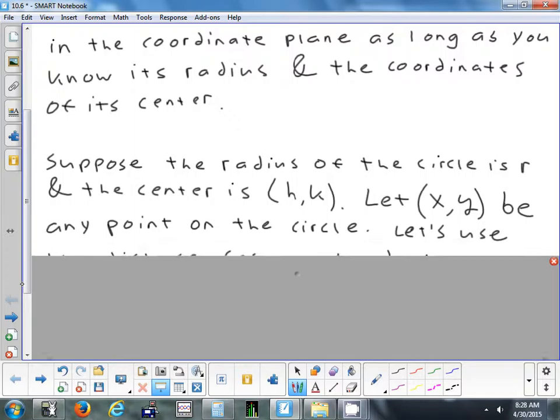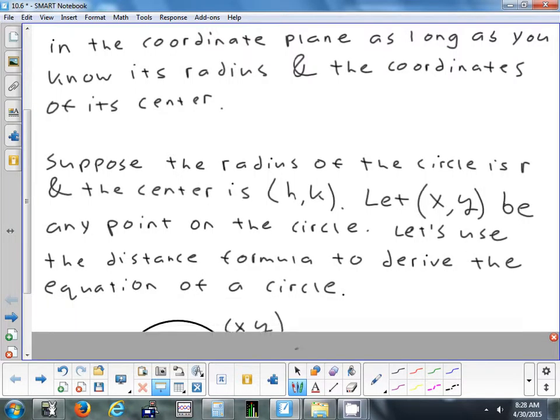All right, so suppose we're going to let the radius of the circle be represented by r, and we'll let the coordinates of the center of the circle be h and k. R, h, and k will all be numbers in a real problem. Okay. We're going to let x, y just be any point on the edge of the circle, any point on the circumference.